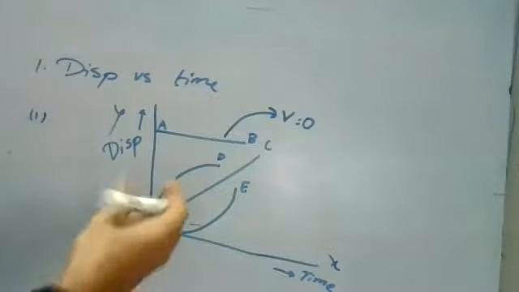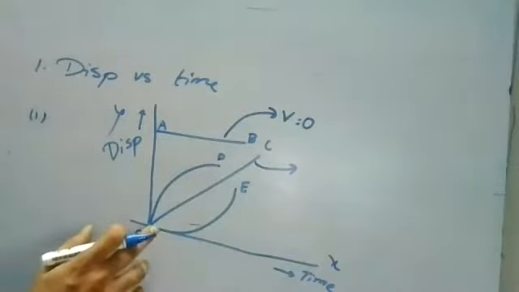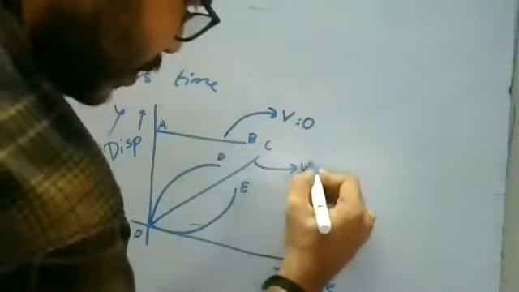So if the velocity is constant, then only it will be a straight line. So it is in an inclined position. Here the velocity is constant.